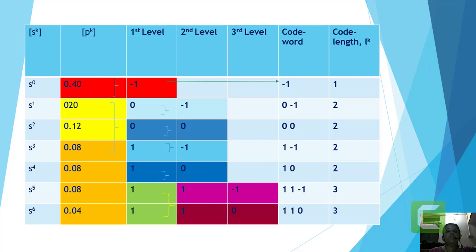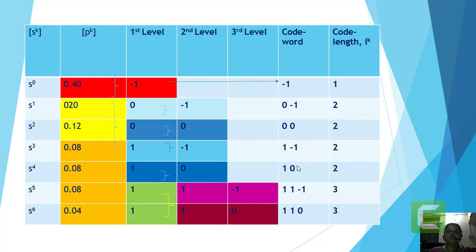And in each level, we will get the assignment of binary digits to the individual group. Then the total code word for the given symbol will be found out. After finding the code word, we are writing the code length based on how many bits are present in each of that code word formation.